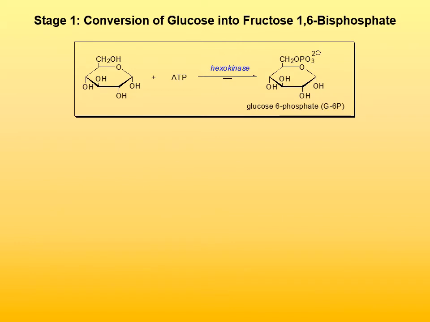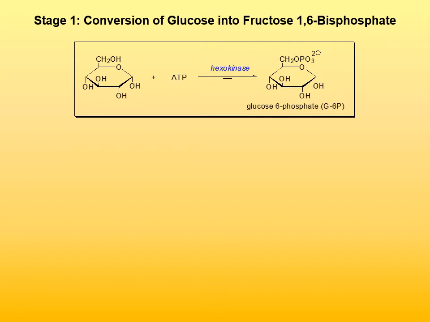In the first stage of glycolysis, glucose is converted into fructose 1,6-bisphosphate. After polysaccharides are hydrolyzed to monosaccharides, which happens in the small intestine, they are absorbed into the bloodstream. Monosaccharides, other than glucose, are first converted to glucose and then metabolized as glucose.